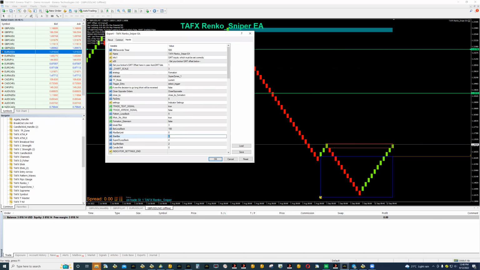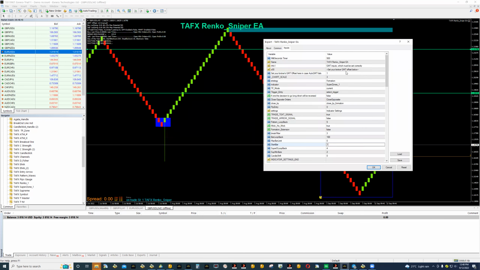If I set my start bar to 1, you are telling the EA to calculate only 1 brick, and that is the formation, because it has now closed the price. And when the opening price of the second brick exceeds the 100 points, that's when the trade will be opened. So you are telling the EA to open with this brick.